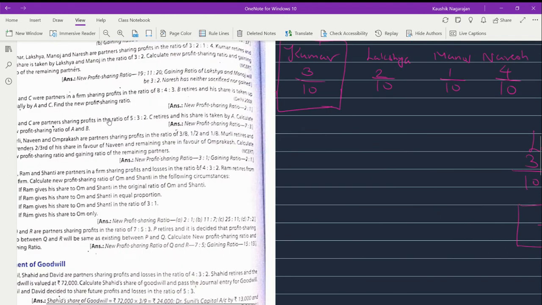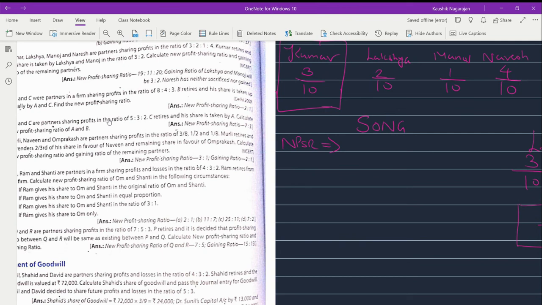Now we need to calculate the NPSR. For calculating the NPSR, write down its formula. The formula for NPSR, remember the mnemonic I told you: SONG. S for sacrifice, O for old, N for new, and G for gain. So if you want to find out the new ratio, you have the old ratio and sacrifice, then old minus sacrifice will give you the new ratio.